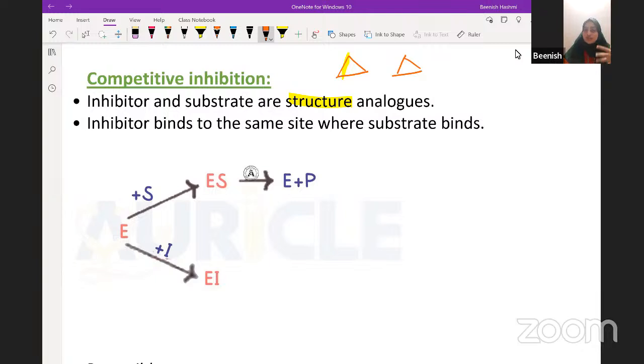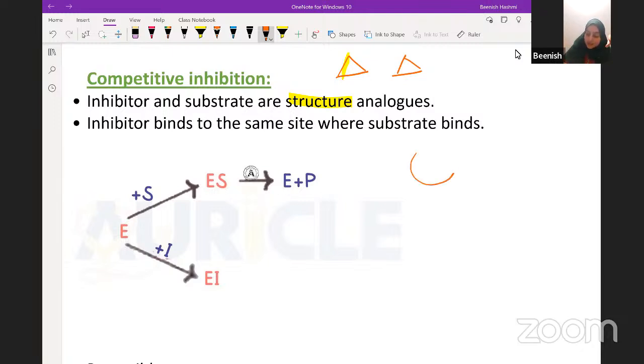So they are structurally similar. That is why the enzyme gets confused between the inhibitor and the substrate. And also, your inhibitor binds to the same site where the substrate binds. Firstly, your inhibitor is going to resemble your substrate, and secondly, it is also going to bind at the same active site where your substrate is going to bind in the enzyme.